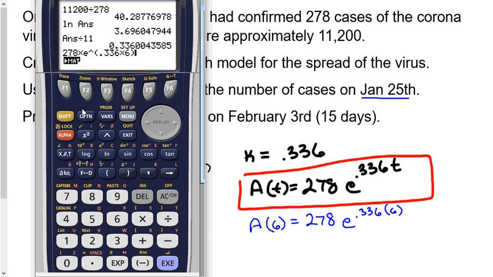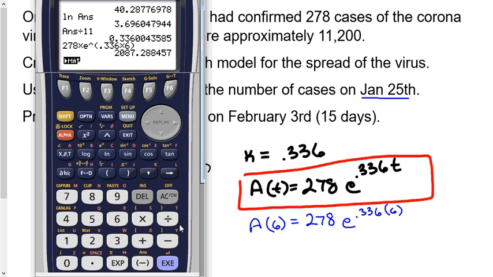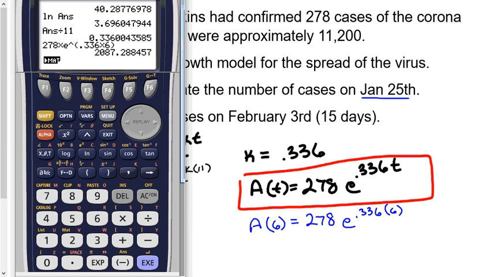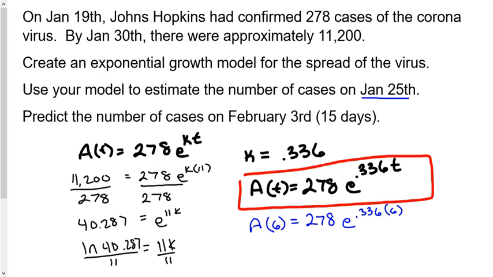And it is a good idea to store these variables, but I can see that this one's so small it's not really going to matter. Now that means that we were predicted to have 2,087 after 6 days.